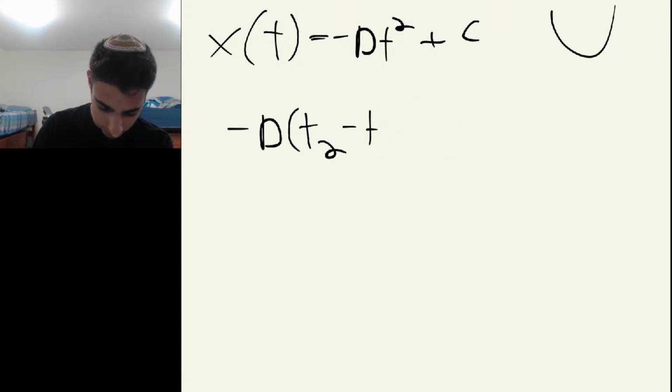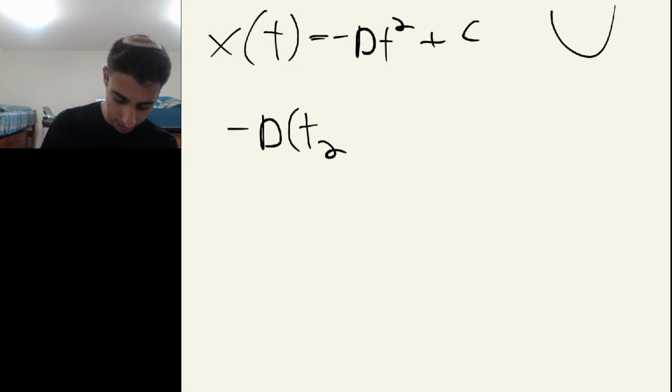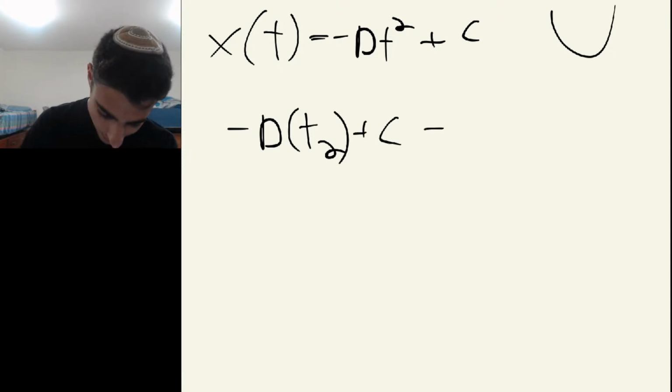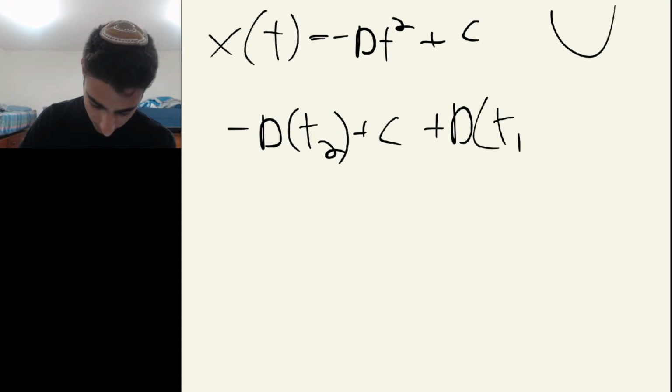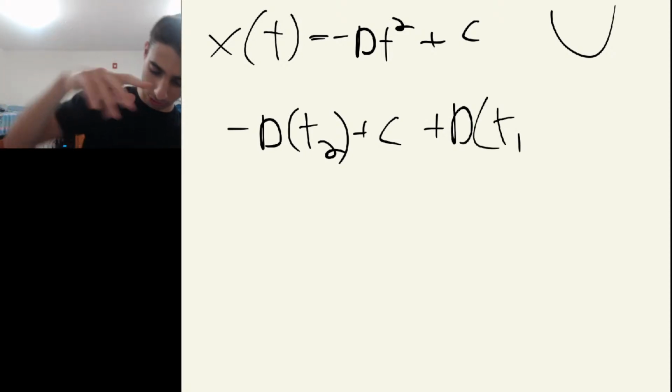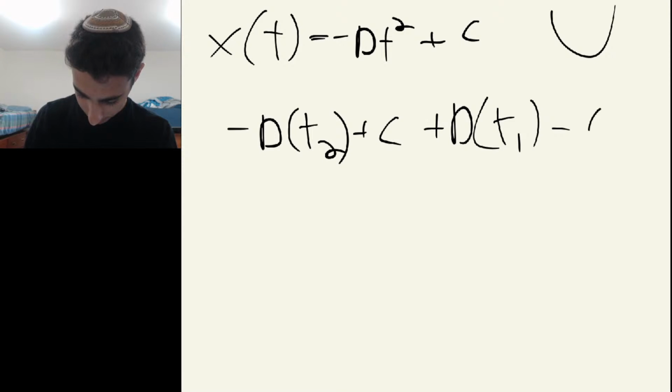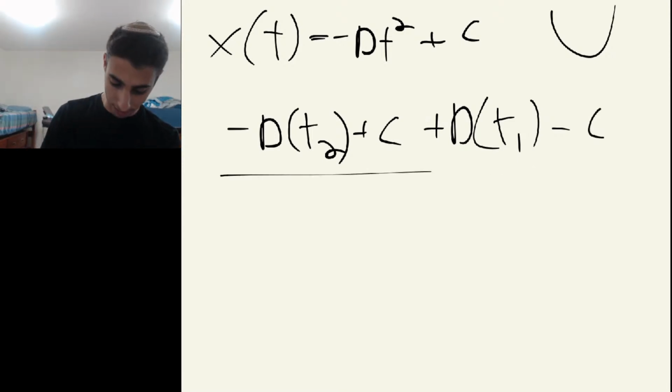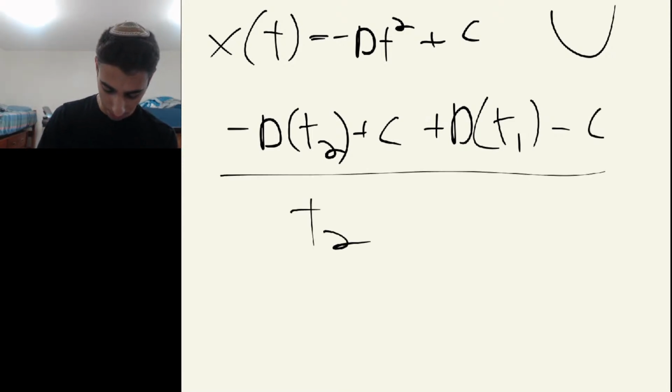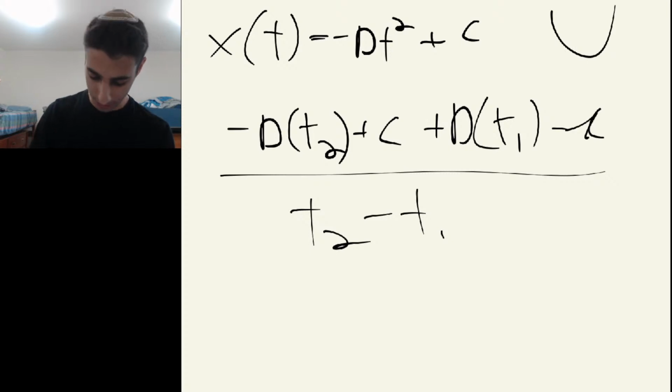This is not how you solve average. So negative d times t sub 2 plus c plus d times t sub 1, because it's minus the whole function, so we have to distribute the minus. And then all of that divided by t sub 2 minus t sub 1. So first, the c's cancel, right? Constants don't matter.